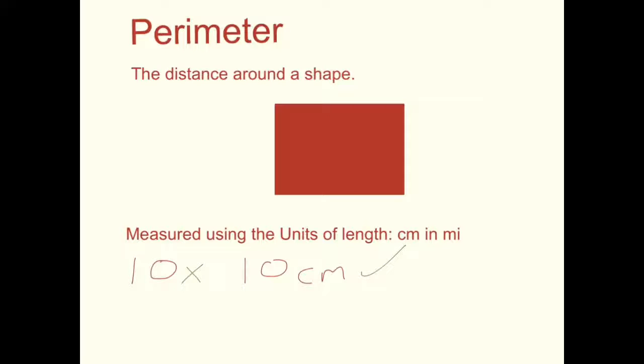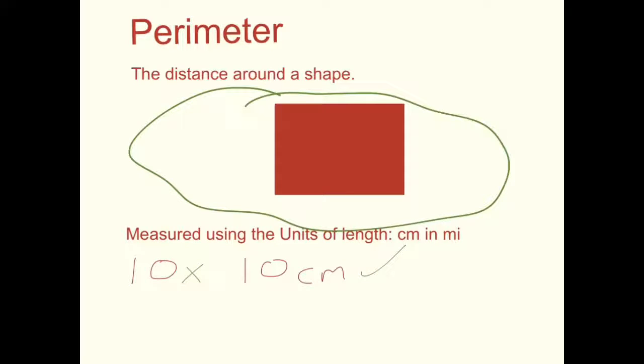So a perimeter is the distance around a shape. Now when we mean distance, it doesn't mean the whole place like this. We could literally go right around the shape like that. That's not the perimeter.